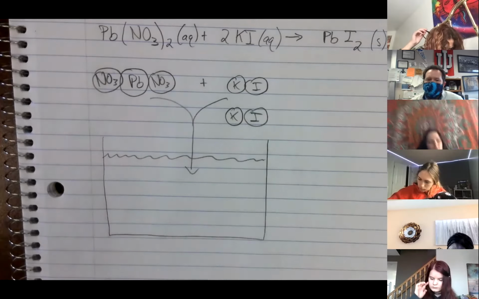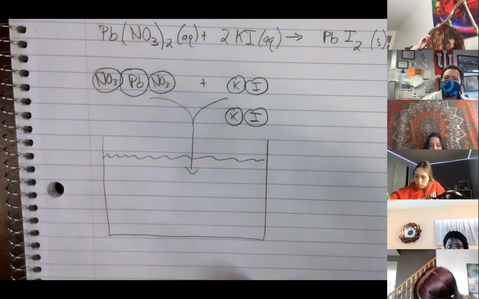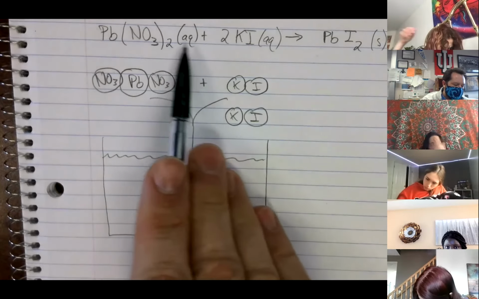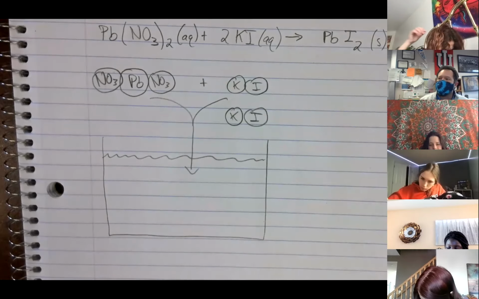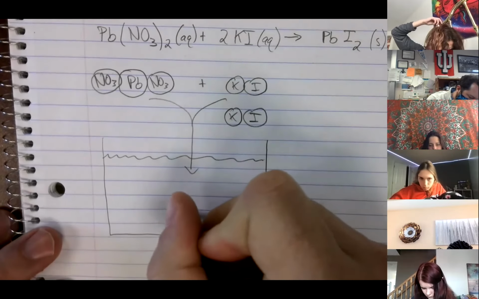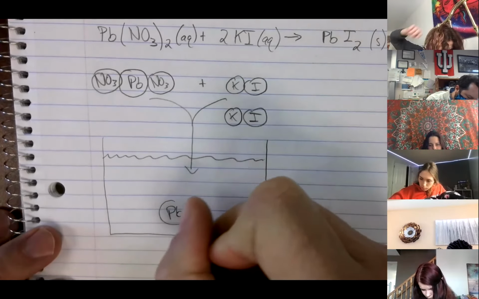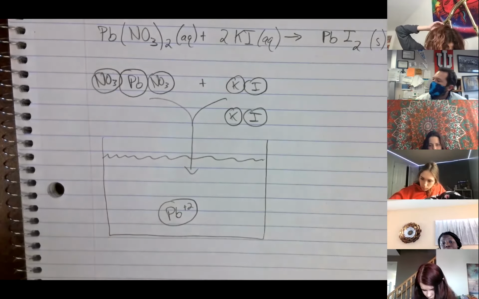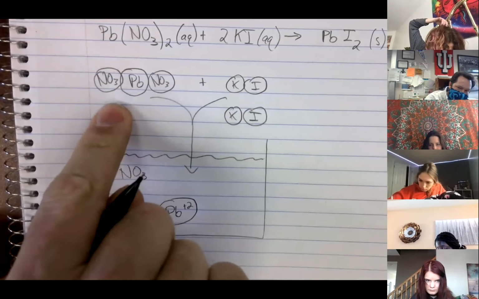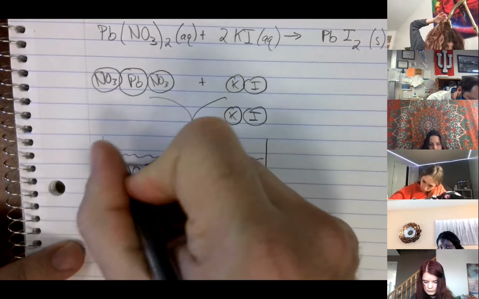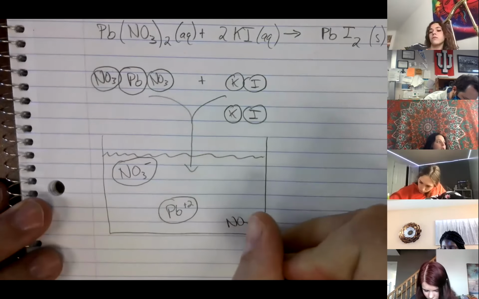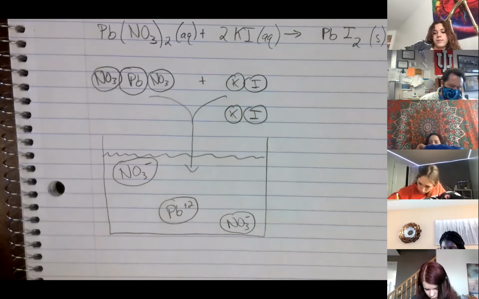And when you put these salts into water, they dissolve. That's what aqueous means. It means they come apart, they dissolve. So I get my lead ion, Pb, which now has a +2 charge. Floating away from it, no longer attached, is a nitrate ion, and I need 2 of those nitrate ions.